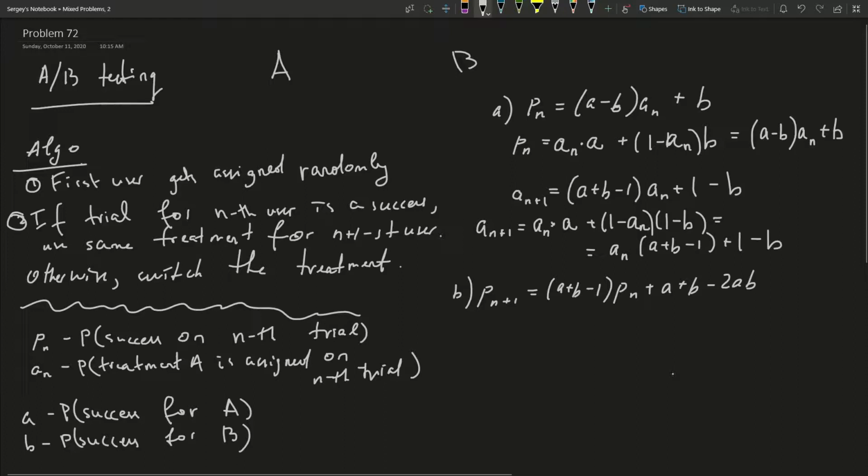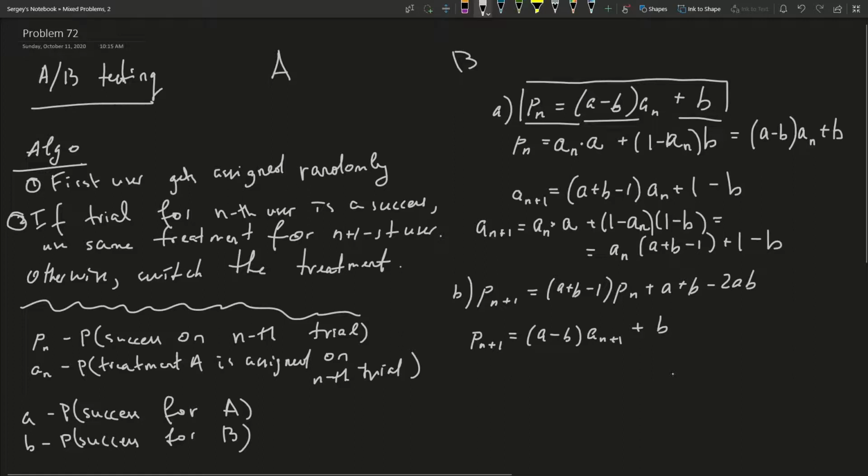And we're going to use several things here. So first, from part A, we're going to use this result here to rewrite probability p sub n plus 1 as a minus b times a sub n plus 1 plus b.